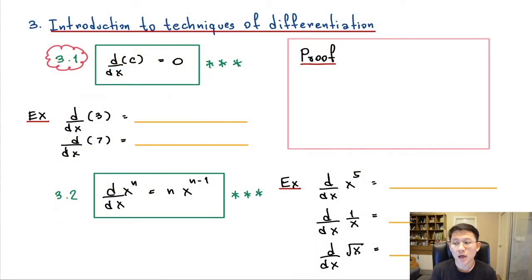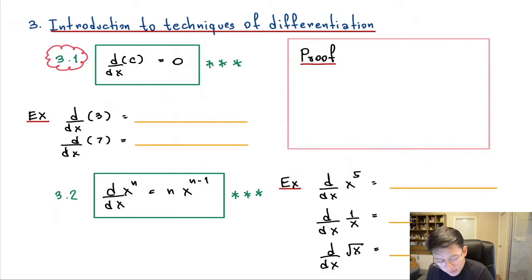First, the introduction to techniques of differentiation. We need to talk about the properties that we can use to help us compute derivatives quickly. The first property is that the derivative of a constant is always zero.